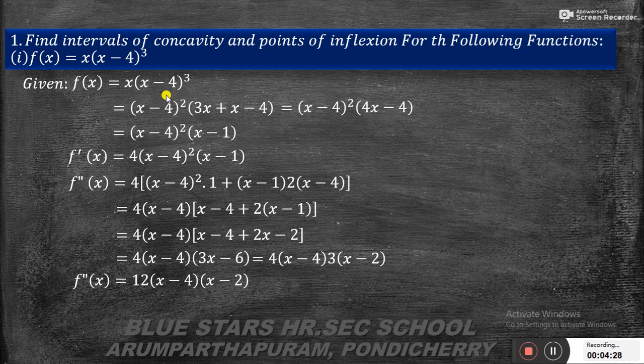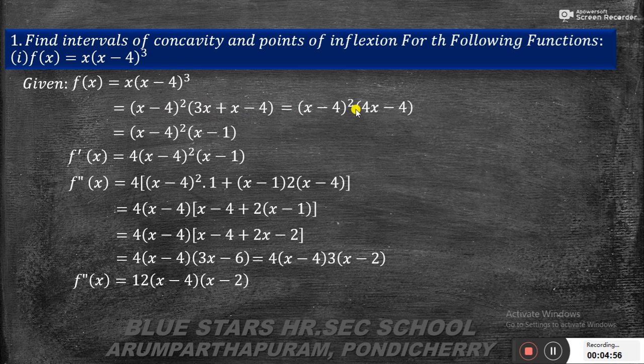This is the second step: 3 into x into (x minus 4) whole square plus (x minus 4) whole cube. This is the third step. From the second step I take the common factor (x minus 4) whole square, and I write the remaining factor, that means 3x plus x minus 4. In the next step I add the factor.